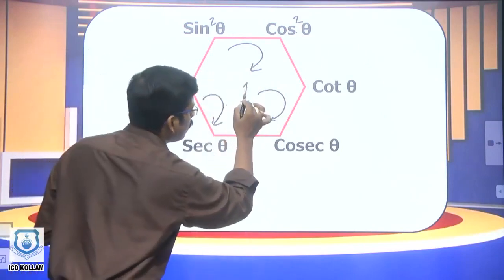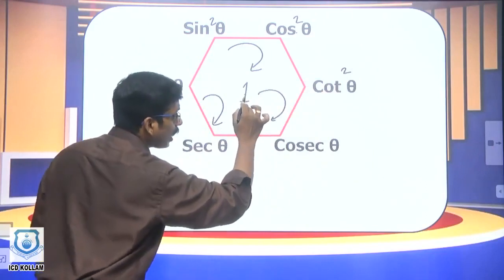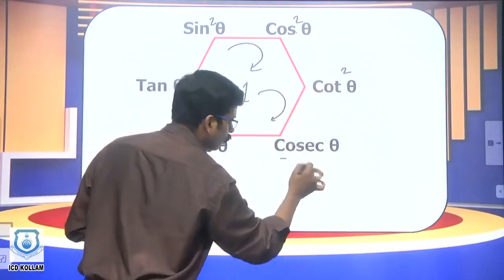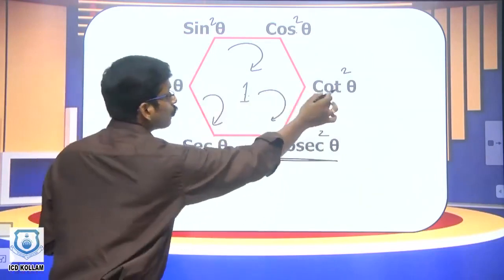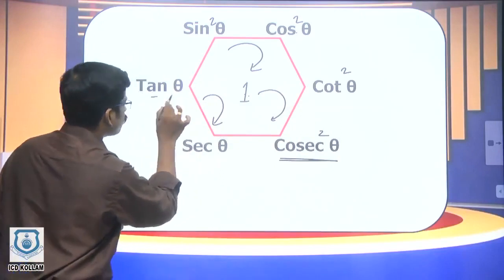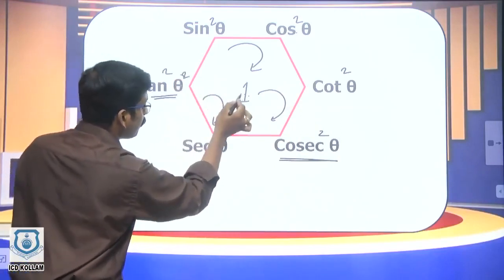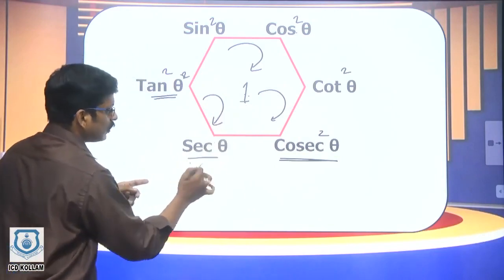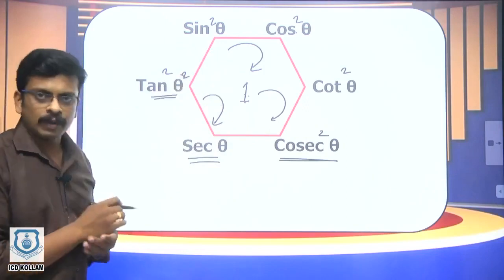Then 1 plus cot square theta is cosec square theta, and tan square theta plus 1 is equal to sec square theta. So all square relations come under this super hexagon.